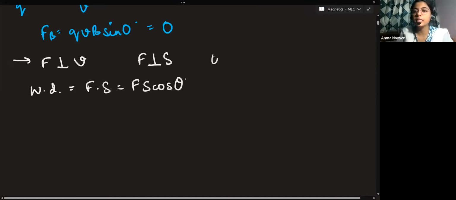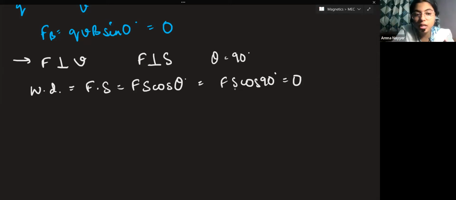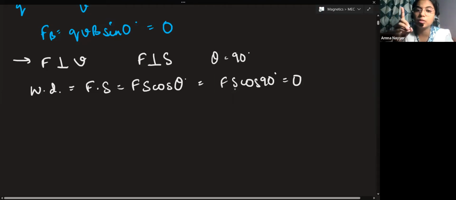Theta here becomes 90 degree. So this becomes Fs cos 90 degree, that is 0. So it means work done, if your force is perpendicular to velocity, then work done on the charge or by the charge becomes 0. So this theoretical question can also come.